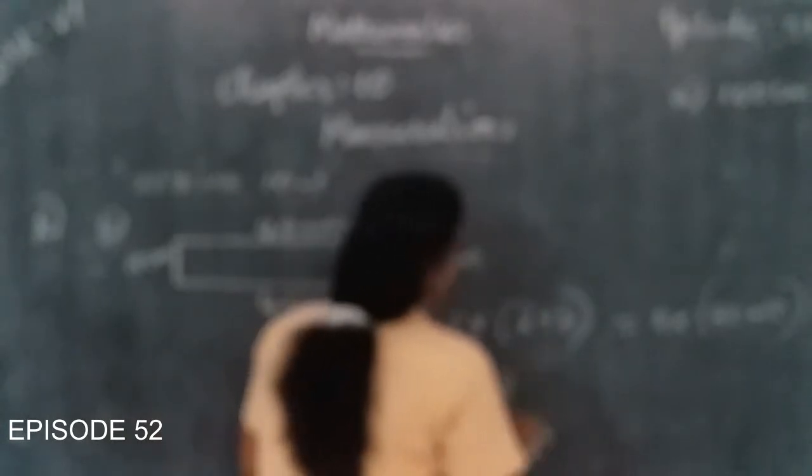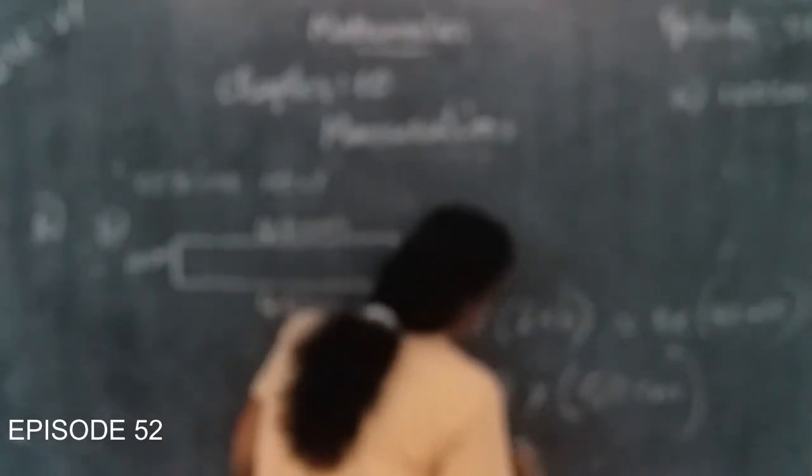So it's equal to 2 into length, L is equal to 40 centimeter, plus breadth of the rectangle, that's equal to 10 centimeter. So you get 2 into 40 plus 10. When you add 40 plus 10, it's 50 centimeter.